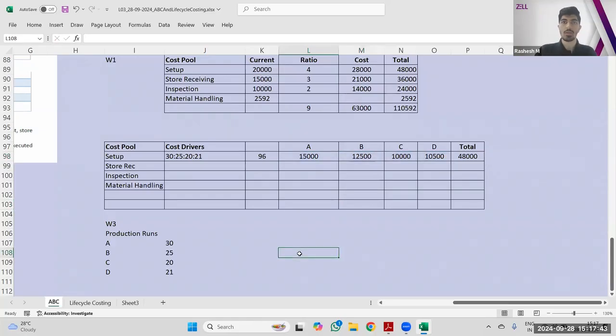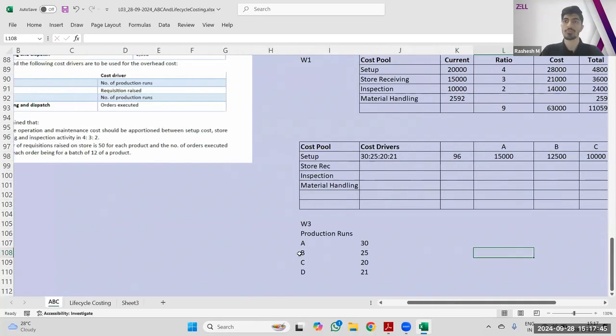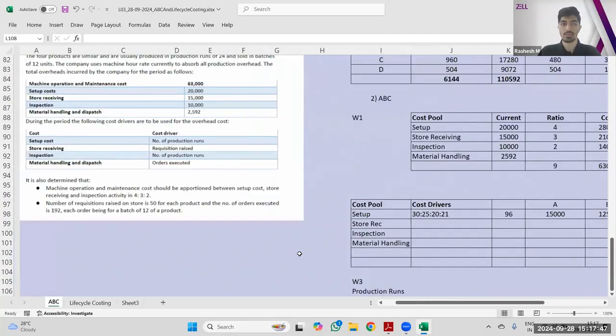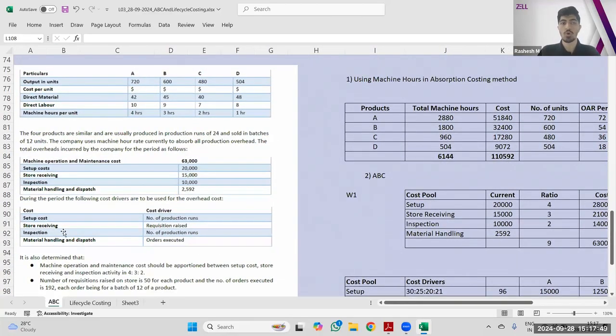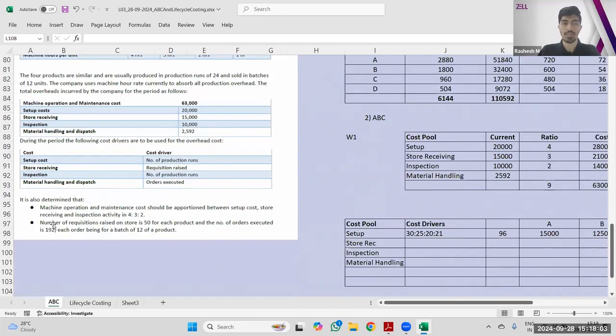All right. So let's take a pause for a second. You'll try store receiving, number of requisitions raised. Again, you all can see. Okay, that one's actually simple. So let's do this one.